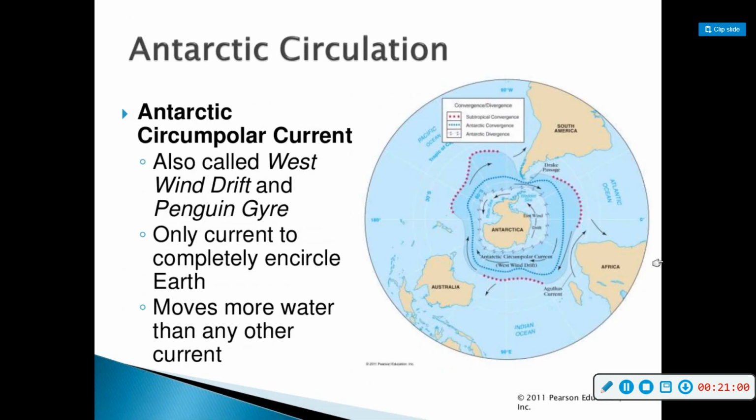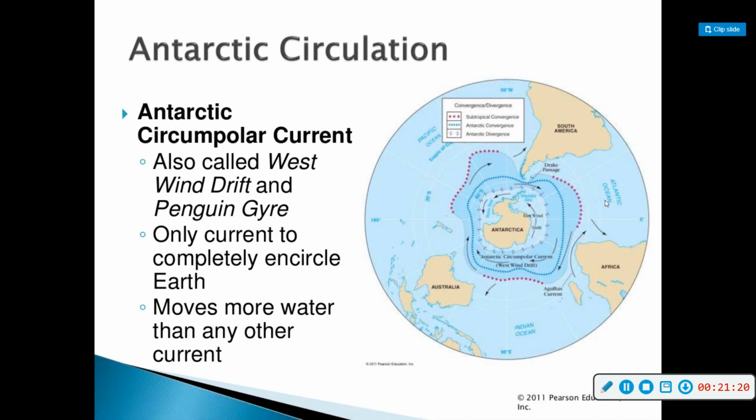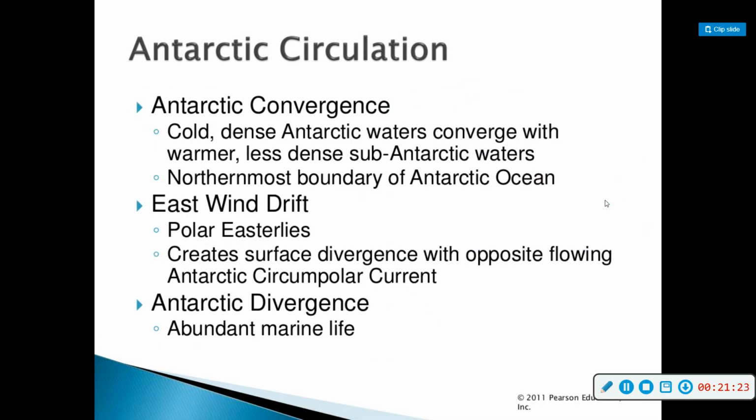Antarctic circulation. Your Antarctic circumpolar current is also called the West Wind Drift, and it is the only current to completely encircle Earth, because it goes all the way around the Antarctic continent. Dear Lord, it's been a long day.